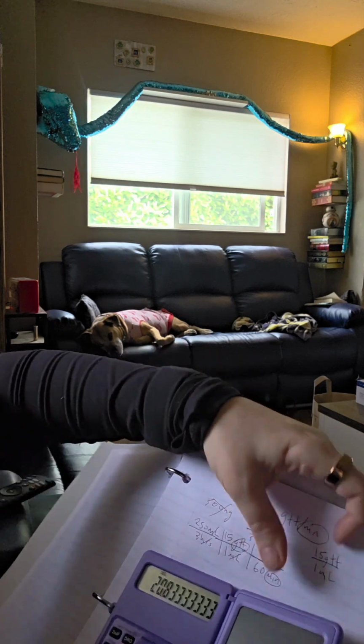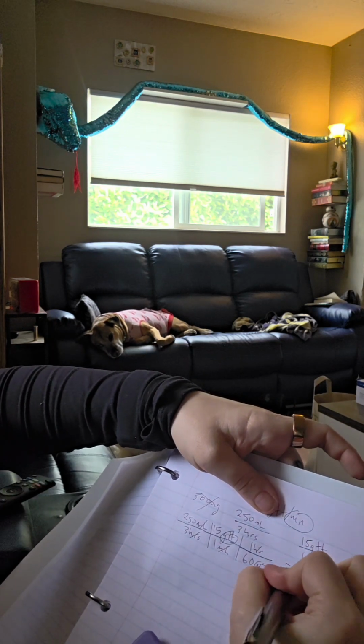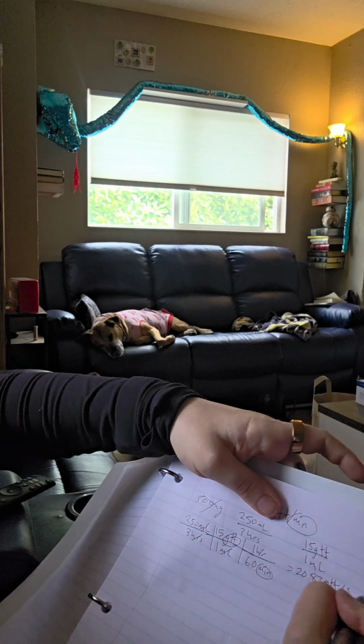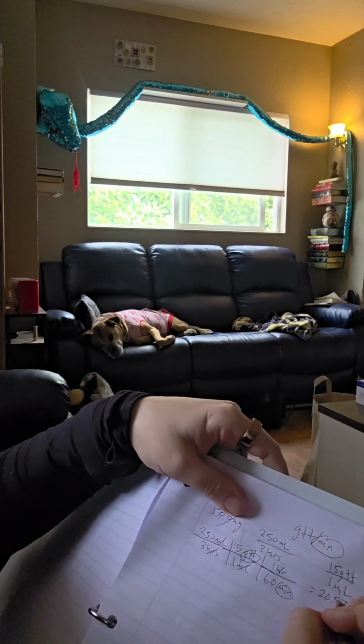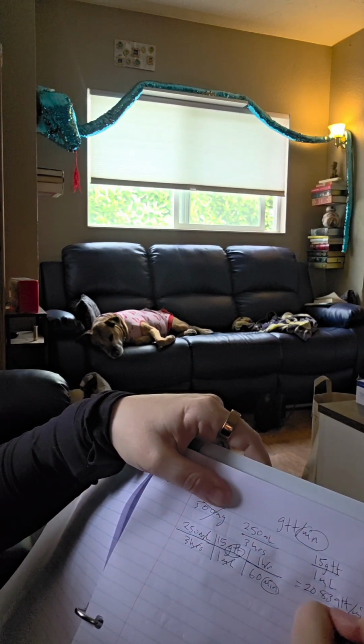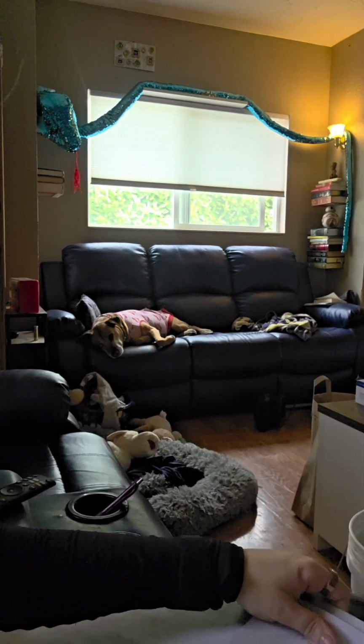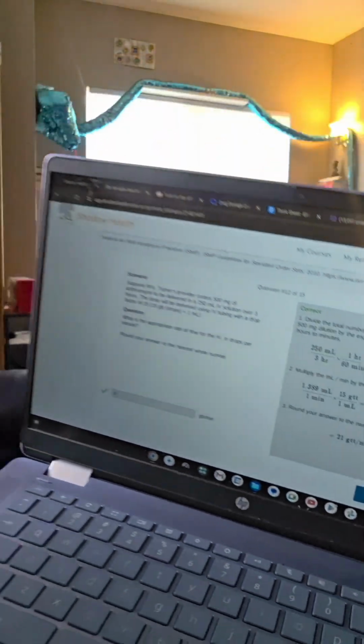So that would be 20.83 GTT per minute. Now it says round to the nearest whole number, so it would equal 21 GTT per minute. So we want 21 GTT per minute. Let's go ahead and put that in, and I already did. And ta-da, 21 GTT per minute.